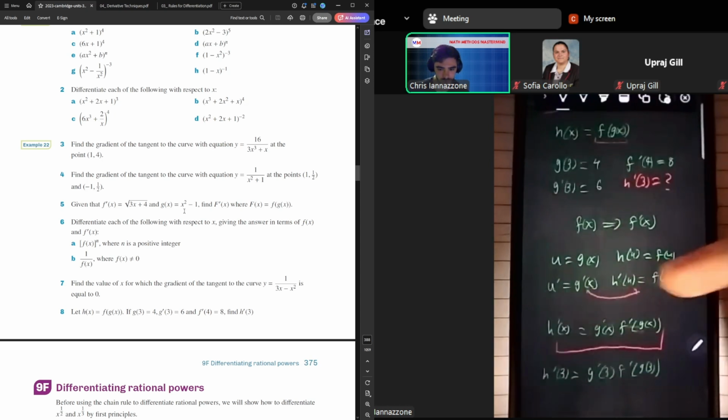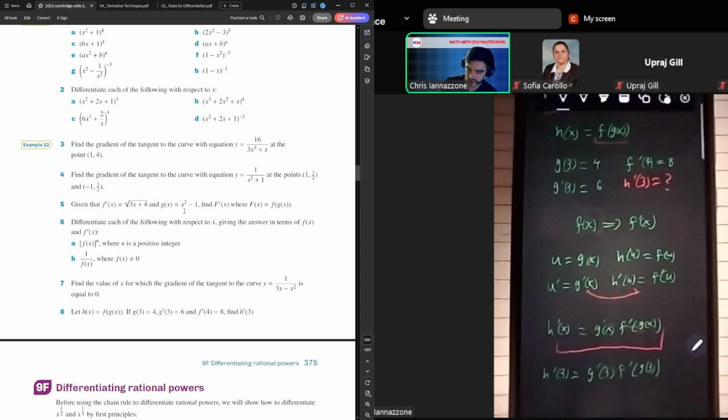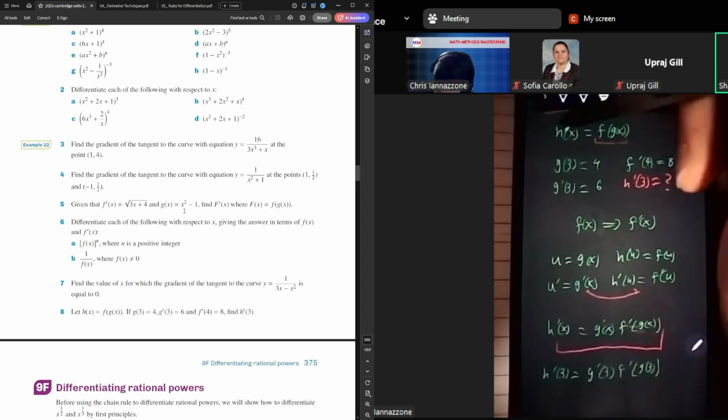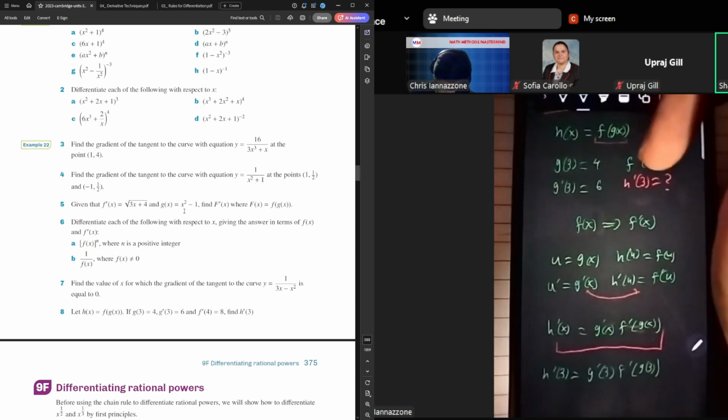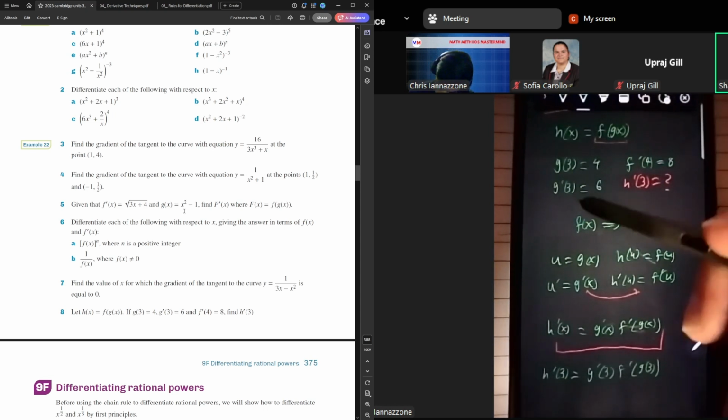Cool. It's not fully simplified yet though. What might we start doing to simplify what we have? g dash 3, well, it says g dash 3 is 6.